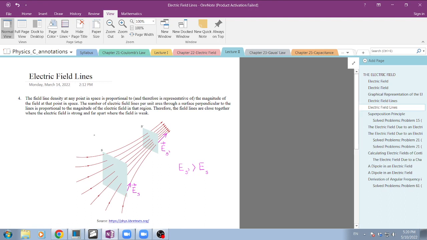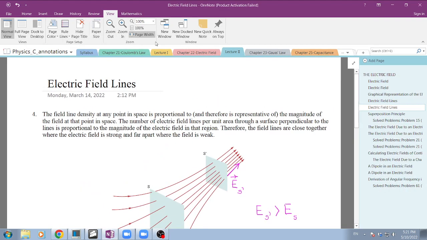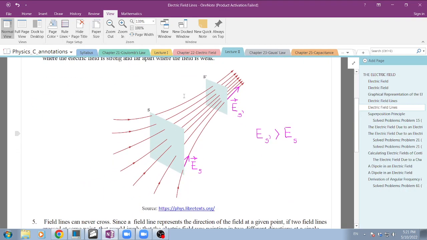Let's go to the next rule. If you check two surfaces in space here, this surface S and this surface S prime, if the line density is higher on one surface, the density is representative of the electric field for that region in space.